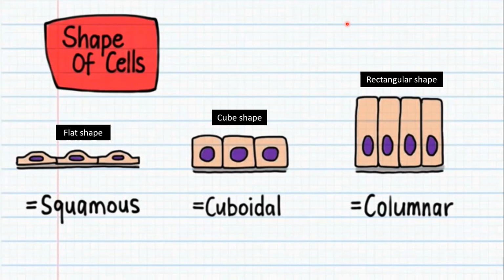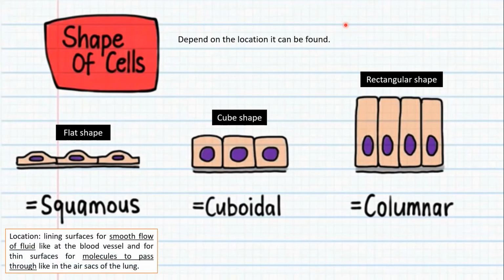Let us look into the squamous shape, the thin shape lining the surface of the kidney and also the air sacs of the lungs, and it is just enough to allow smooth flow of fluids and molecules to pass through them respectively.